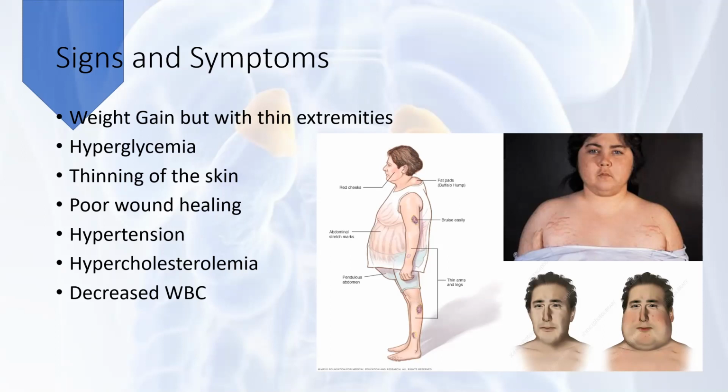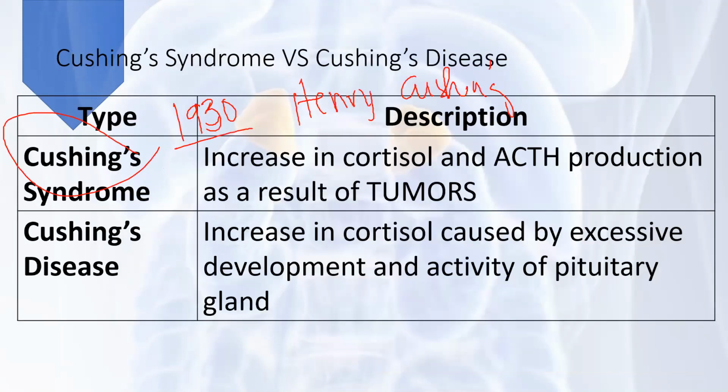There is also thinning of the skin, which can lead into poor wound healing, hypertension, hypercholesterolemia, and decreased WBC. Okay? Ngayon, yung pong ating Cushing's disease, kagaya ng sinabi natin, development and activity of pituitary gland. This is what we call hyperplasia.